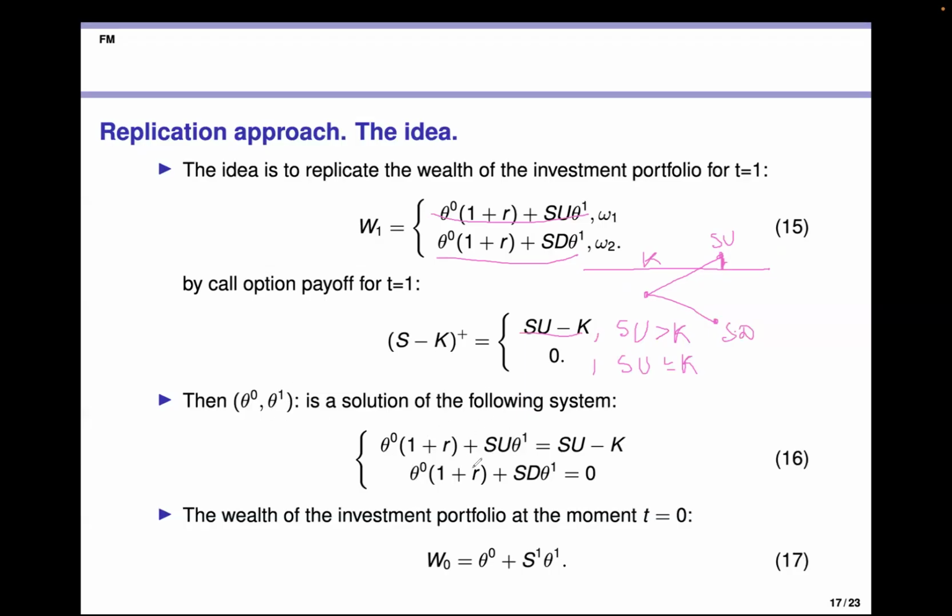So we need to solve this system to get this vector, and after that compute the wealth of the initial investment portfolio. Okay. Is this idea clear?